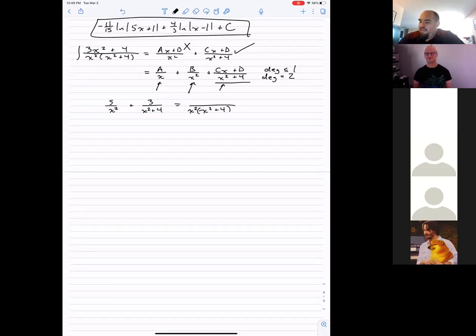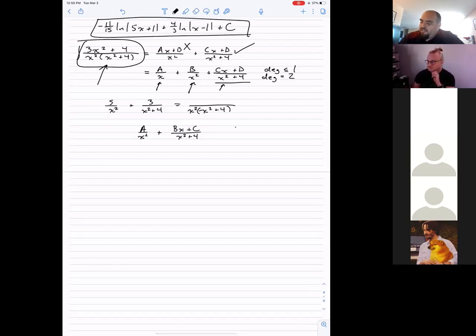Right. So let's say I have no idea what smaller fractions have to be added together to get this. If I assume it's just something over x squared plus some linear thing over x squared plus 4, you might start solving that and realize that there is no combination of A, B, and C that actually gets you back to this. So it's just a matter of you have to account for every power.